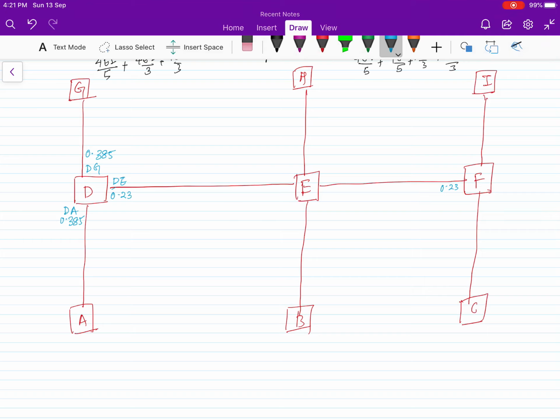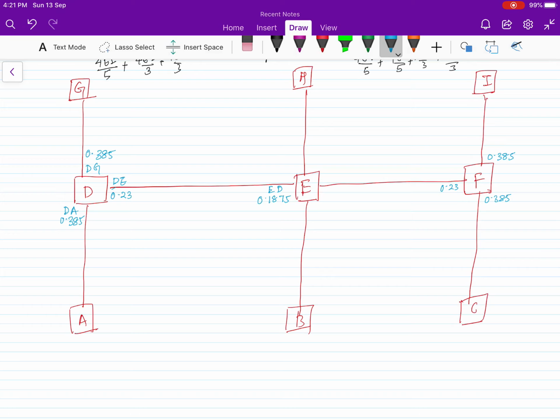For FC column we have 0.385 and for FI column 0.385. At point E we have 4 members, so for ED the distribution factor is 0.1875.